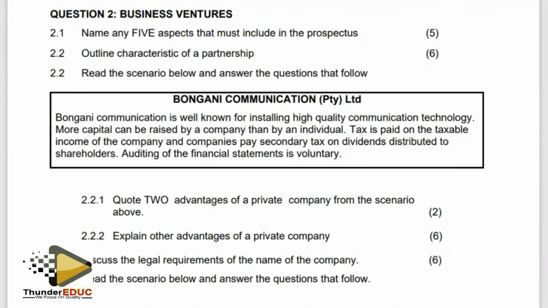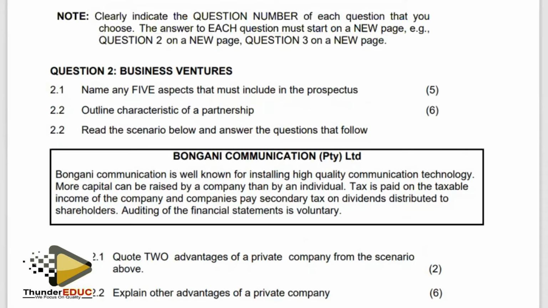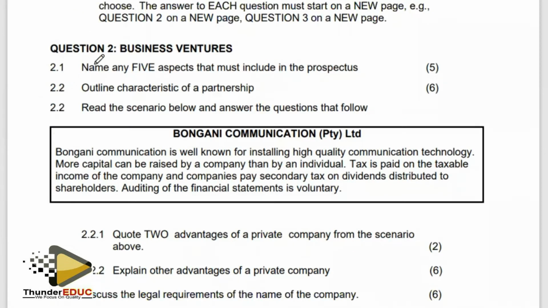Okay, my reason here is to take you through these different questions so that when you find them again somewhere, you are able to recognize and answer them. Look at this.